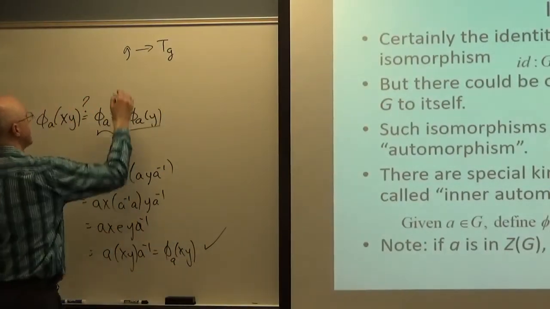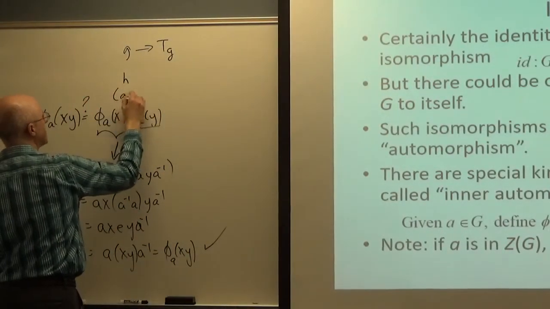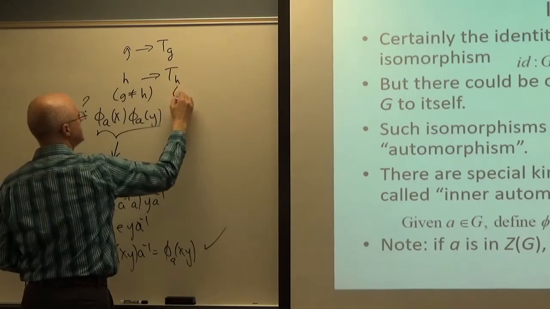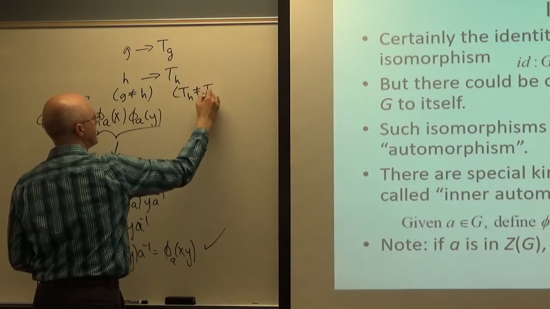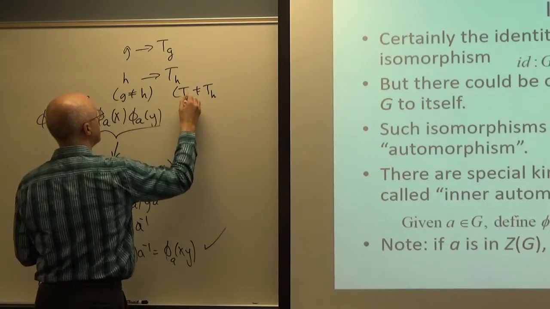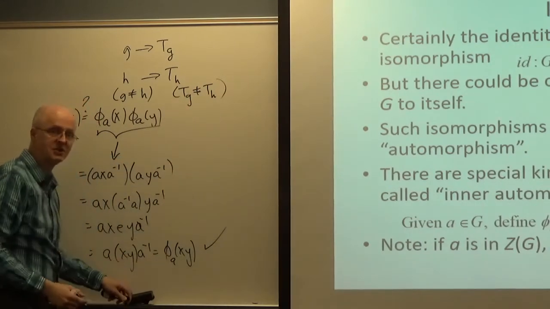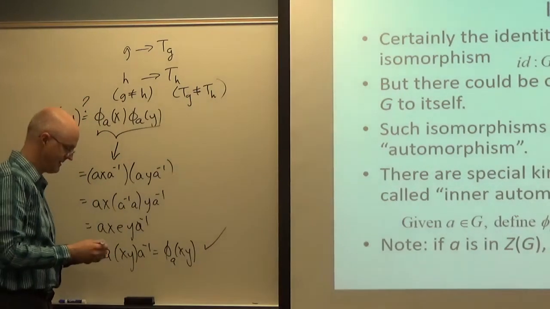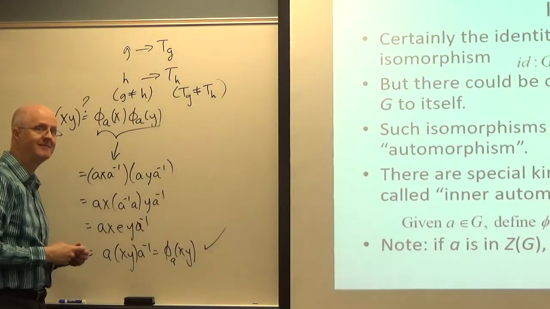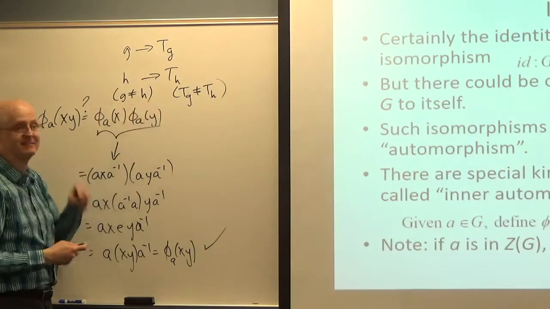And if I have a different element, call it h, where g and h are not the same, T sub g and T sub h are not going to be the same. G bar had the same cardinality, the same order as G did.